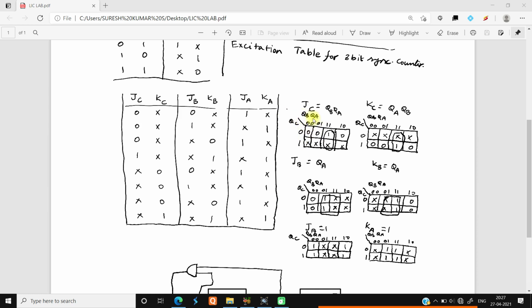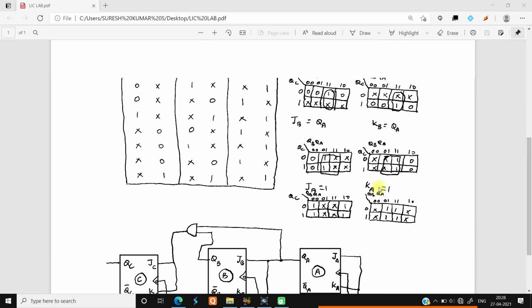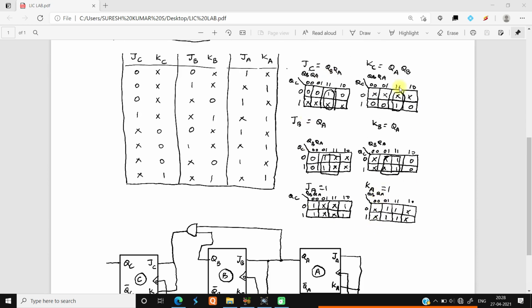The two area will be QB and QA, and the first area will be QC. Using the K-maps, we come to the conclusion that JC is QB and QA, KC is QA and QB, JB is QA, KB is also QA, and JA and KA are both 1.